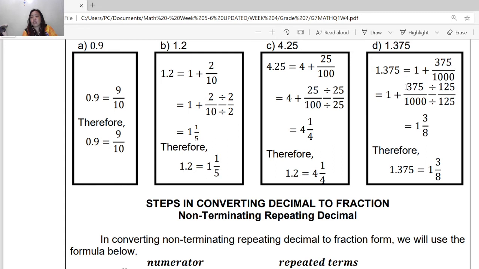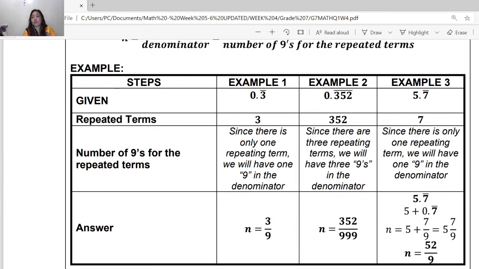And 375 over 1000 can still be reduced by its greatest common factor, which is 125. 375 divided by 125 is 3, and 1000 divided by 125 is 8. So therefore, 1.375 is also equal to 1 and 3/8. That is for converting decimal to fraction.